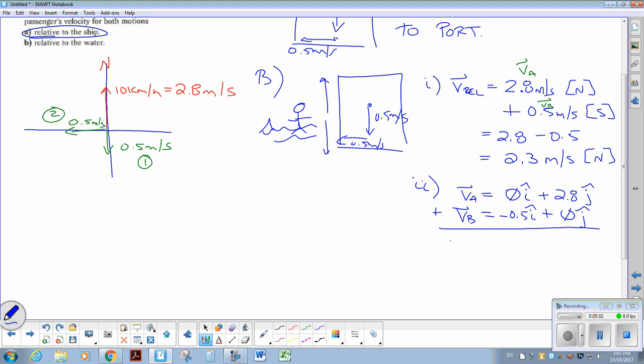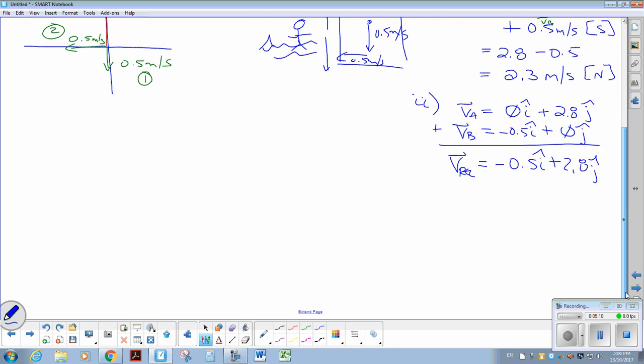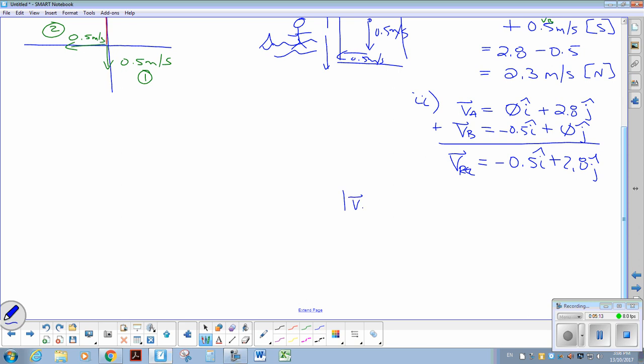So the relative velocity, vrel, would be negative 0.5 i plus 2.8 j. The magnitude of the relative velocity is the square root of negative 0.5 squared plus 2.8 squared, and I get 2.84 meters per second.